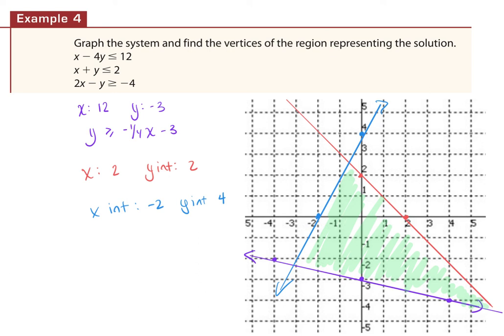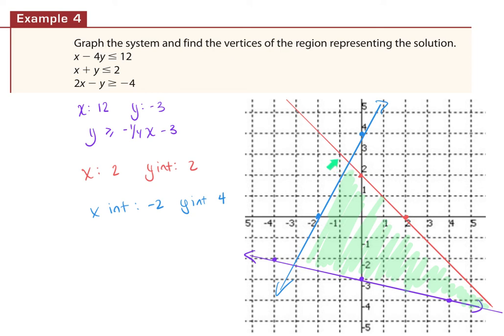And here's the thing. This is going to be a hard one to estimate, right? If you look in your book, where does this one actually cross? Well, it says -2/3 and 8/3. No one's going to probably guess that perfectly, -2/3 and 8/3, right?